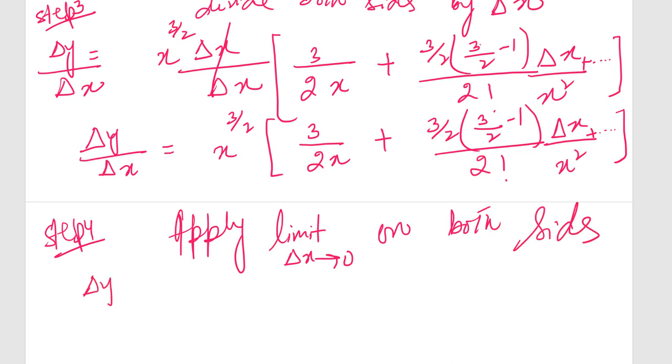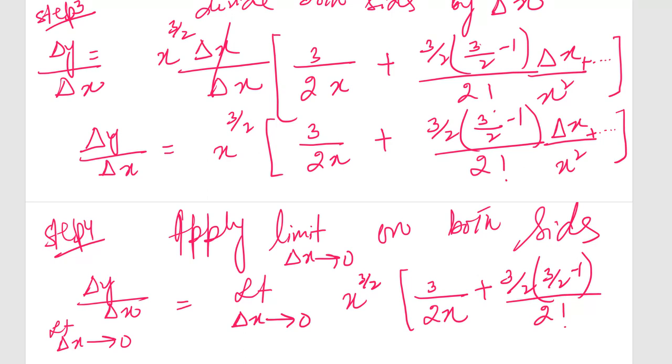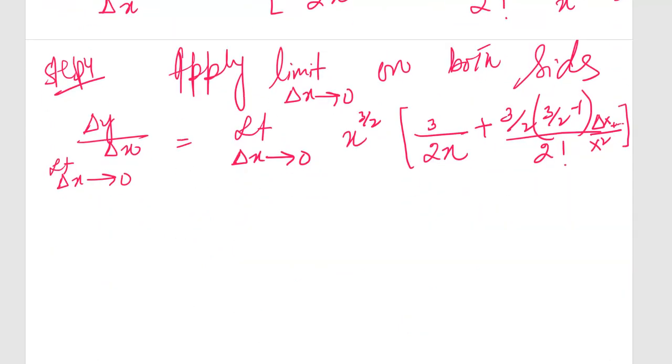So here it will be Δy over Δx, limit Δx tends to 0, which is equal to limit Δx tends to 0, x power 3 over 2, 3 over 2 into 3 over 2 minus 1 divided by 2 factorial Δx over x square, so on. Right now, wherever we have Δ on our left hand side, we will put 0. But here Δx tends to 0.